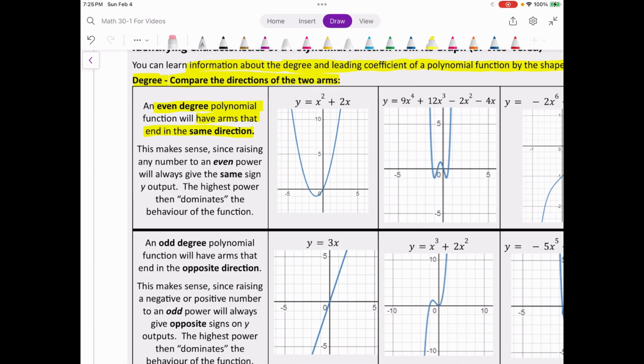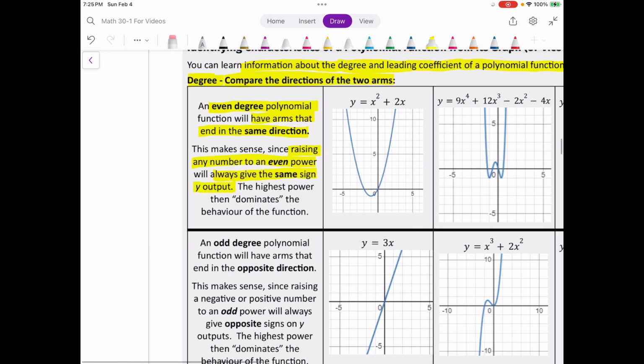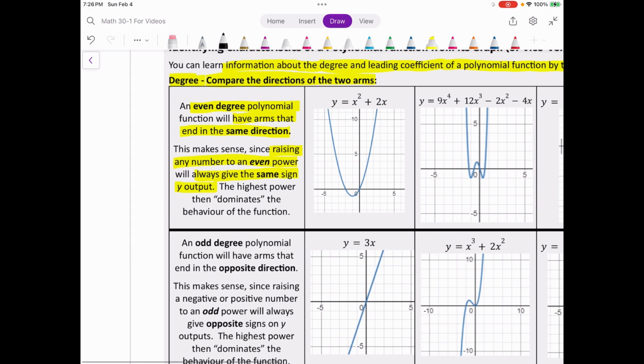Why does that make sense? Because it actually does make a ton of sense. Raising any number to an even power is always going to give the same sign for our y output, right? Let's just use squaring because that's an easy one. If I square 1, I get 1. If I square negative 1, I get 1.